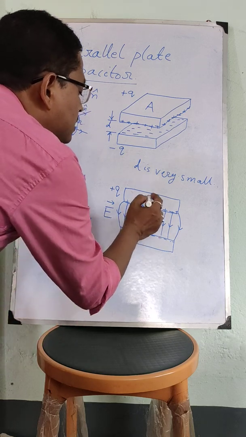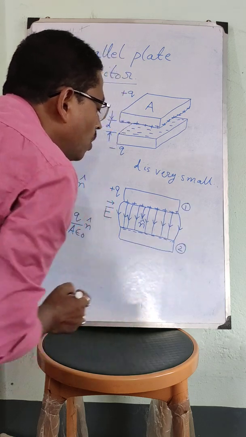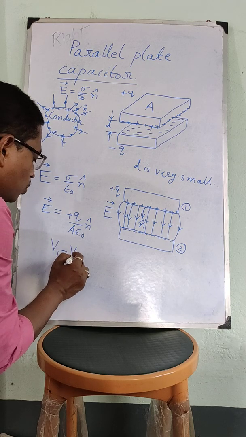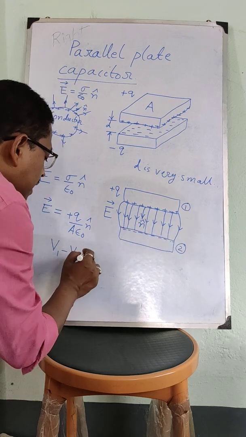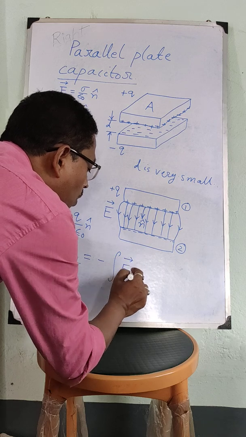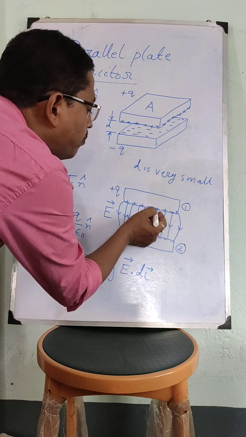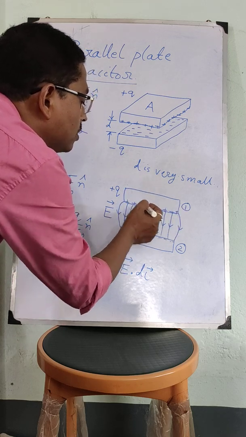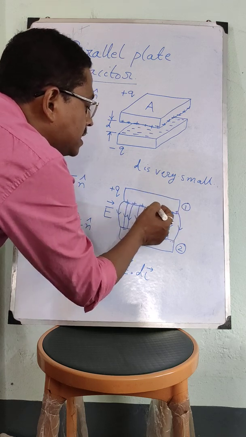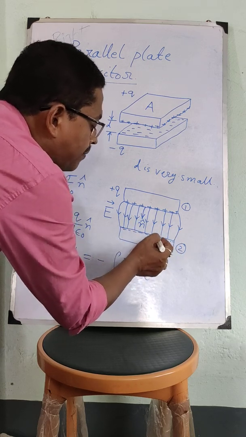Okay. Now suppose this is conductor 1 and this is conductor 2. So V1 minus V2, that is the potential difference between conductors 1 and 2, is equal to the negative of the line integration of E dot dl from any point here to any point here, because all the points on this conductor are at the same potential, since a conductor is an equipotential region, and all the points on this conductor are also at the same potential.